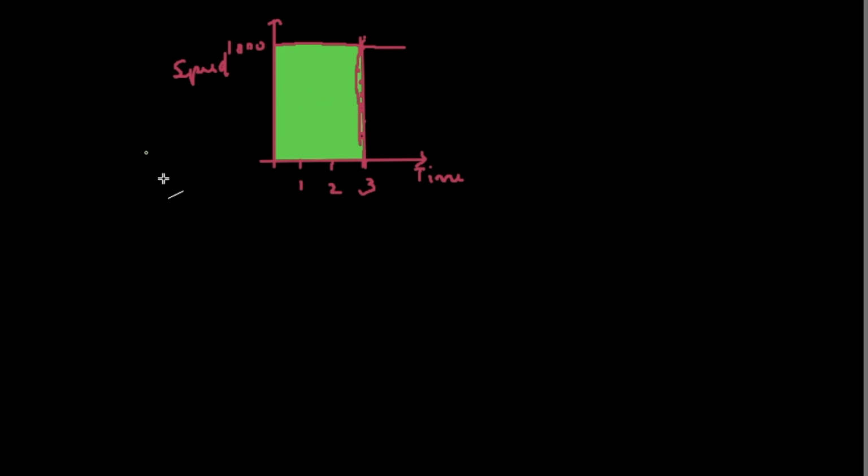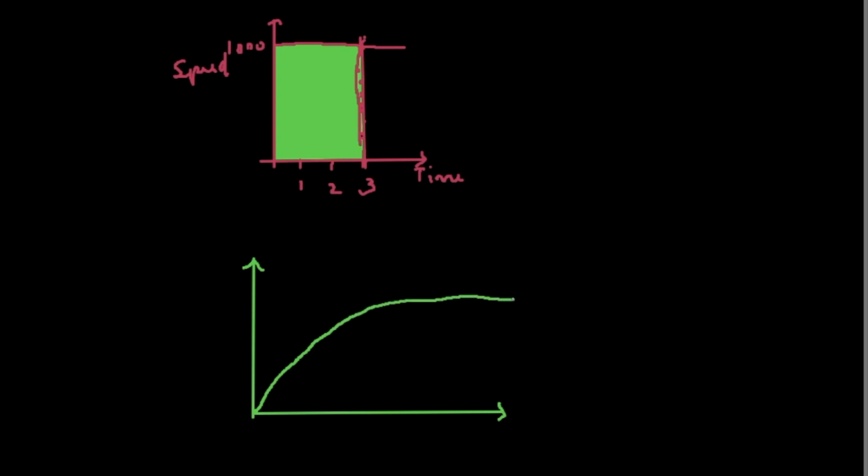Now take another example. You are in the same plane, but somehow you start calculating the speed of the plane before it takes off. So at time 0, the plane is at rest, and the speed of the plane is increasing till it reaches 1000 kilometers per hour, and then it is constant.